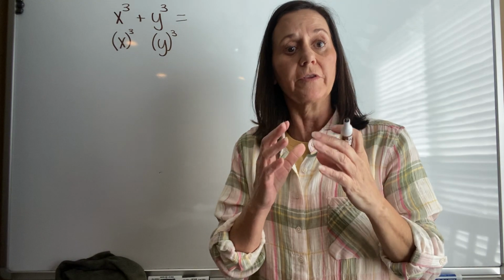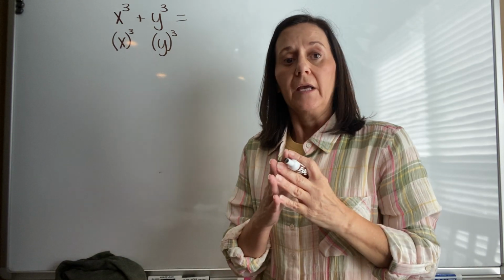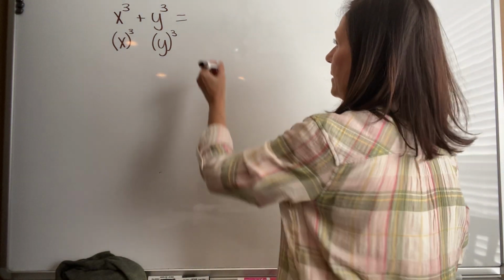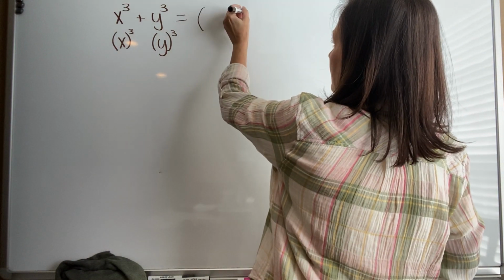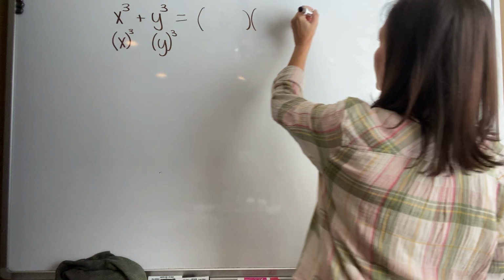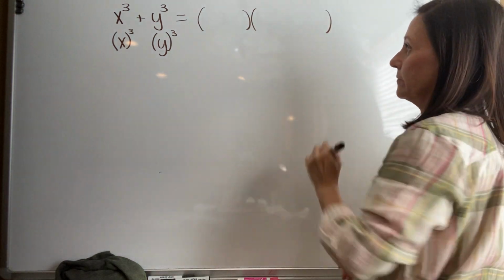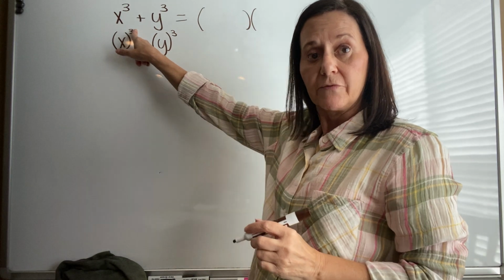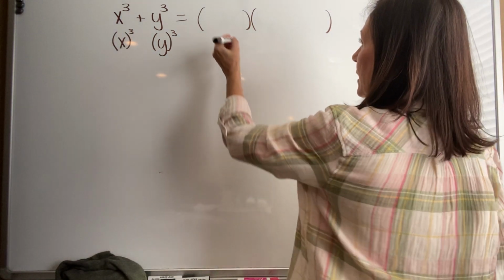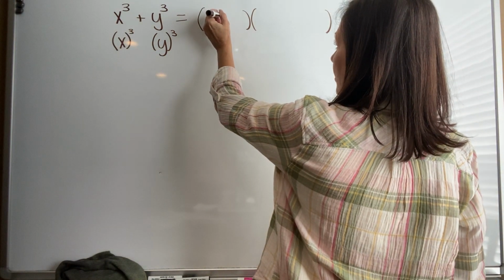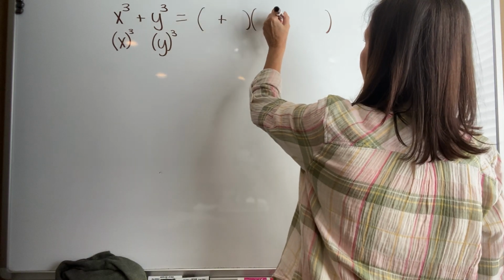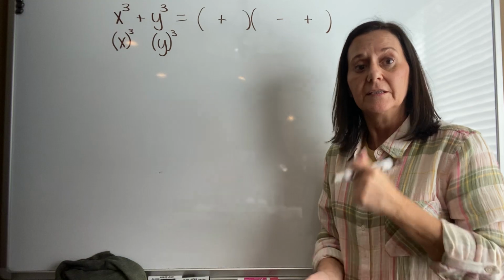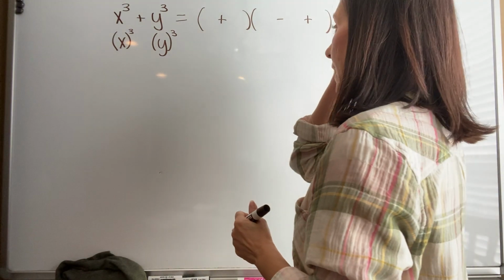So you want to look at what the cube roots are, because that's what will be helpful when we factor it. So we're going to have a binomial, then a trinomial. If it's the sum of 2 cubes, our signs are going to be plus, minus, plus.